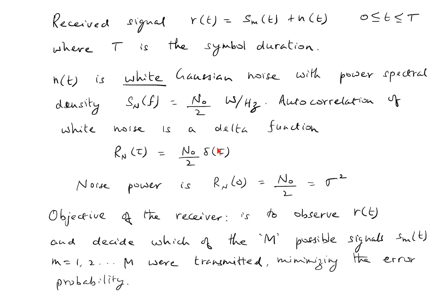When tau is equal to 0, the impulse function delta of 0 is 1, so 1 times N0 by 2 becomes N0 by 2. For all other values of tau, delta of tau becomes 0, and therefore the autocorrelation becomes 0. That means the noise process that we are seeing here is uncorrelated.